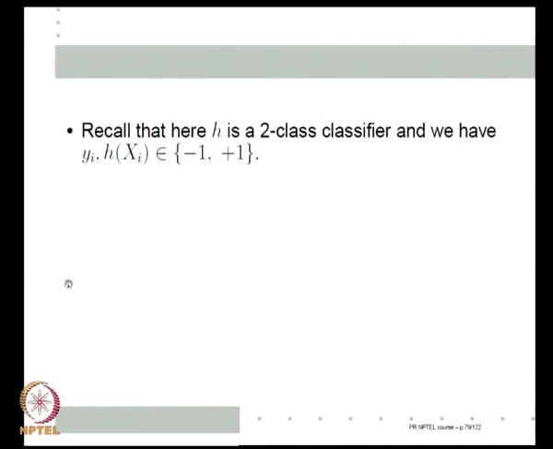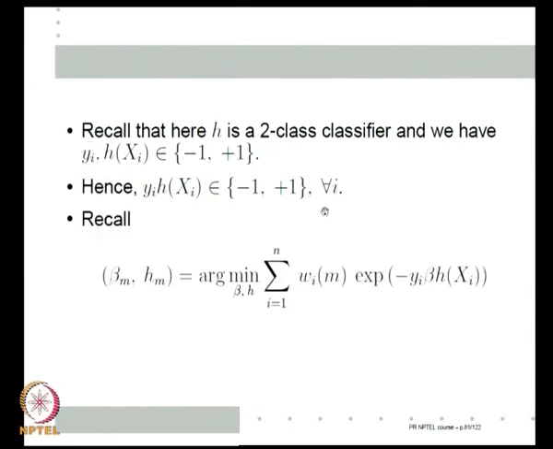To show this, let us first remember that both y and h(x_i) are minus 1 or plus 1, as we are only considering the binary two class case. Because of that, the product is also binary: y_i into h(x_i) is also minus 1 or plus 1. Now, this is what I want to optimize. Inside the exponent I have y_i h(x_i), forget the beta.